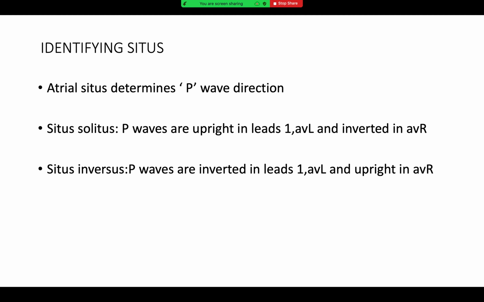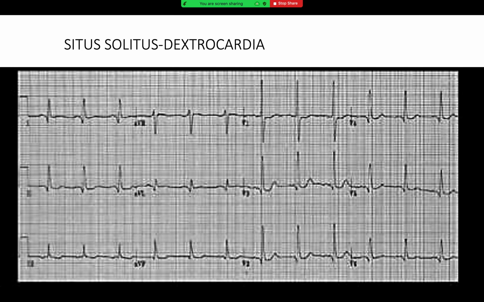Inverted means that in lead 1 and AVL, the P wave will be opposite, inverted of course, but it will be upright in the AVR. Because it's all about where the atria is. So on the basis of the P wave direction, you can comment about it, isn't it?